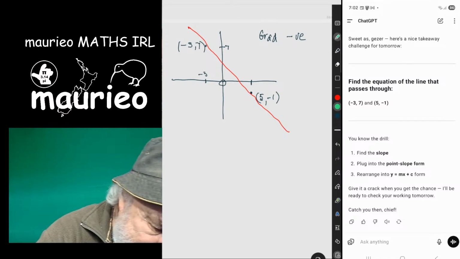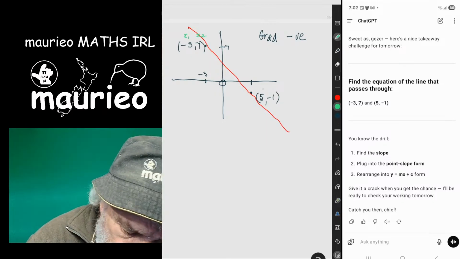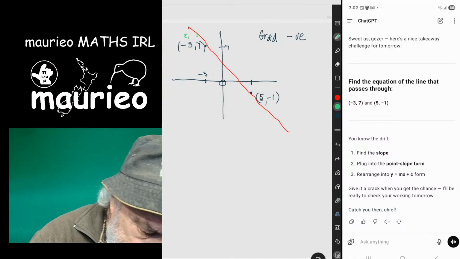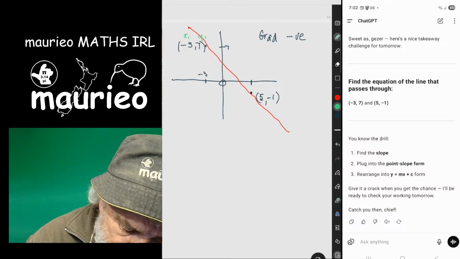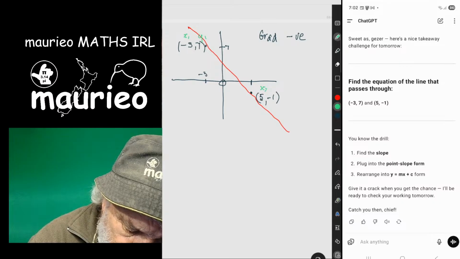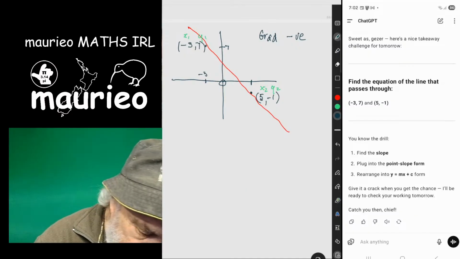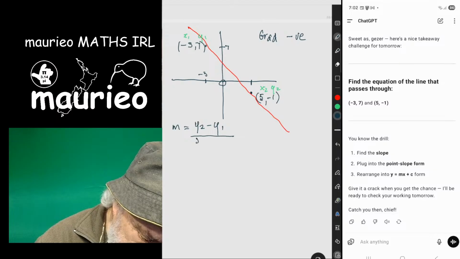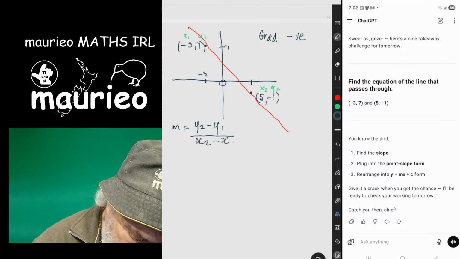So if we use the formula, we go x1, y1, and here we get x2, y2. So m, the gradient, equals y2 minus y1 over x2 minus x1.